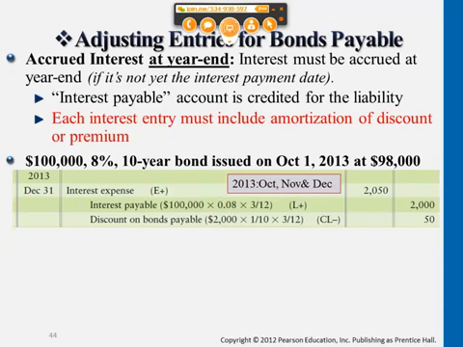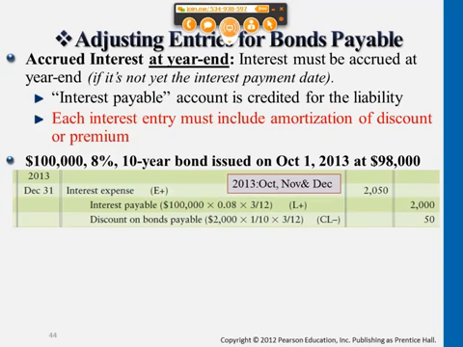So here you see interest expense, interest payable, discount on bonds payable. You don't see cash here, because we're not paying cash yet. We're paying next year when it reaches half a year later. So we have interest payable here calculated by the face value, still $100,000, times the interest rate, 8%, and then for 3 months only.